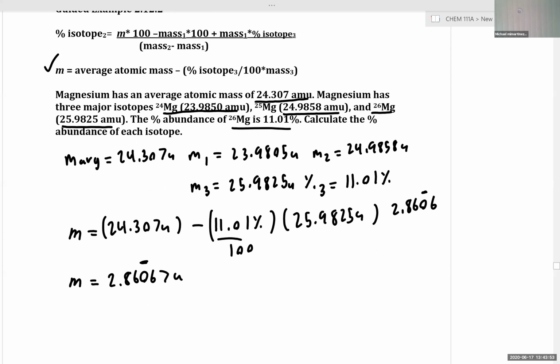Now we're going to plug that into our equation for the percentage of isotope 2.